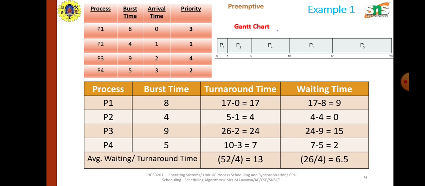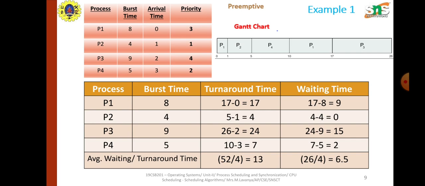Till the completion of P2, it will be occupying the CPU. From 1 millisecond plus its burst time 4 equals 5, which is the completion time of P2. At the arrival of each process, the priority is checked and the execution continues on the CPU. This is the concept of the preemptive priority methodology.